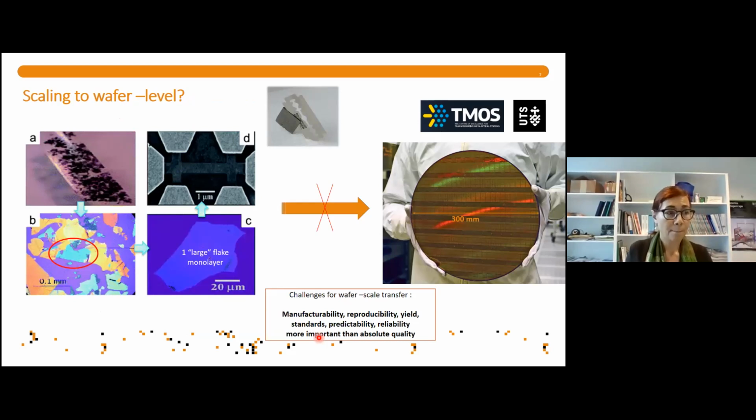And the way the community has worked most of the time in terms of understanding how graphene behaves has been by using flakes, exfoliated flakes in many different ways. Now, clearly, what we're talking about here in terms of integration in the semiconductor industry is really focusing on wafer level growth and wafer level integration.